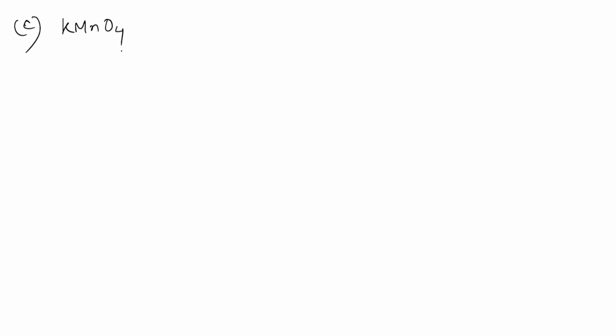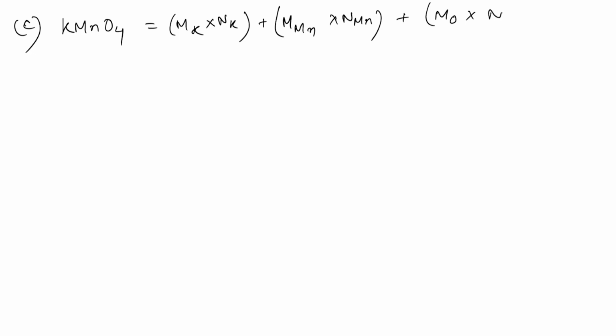Now number 6, potassium permanganate. This is equal to mass of potassium into number of potassium plus mass of manganese into number of manganese plus mass of oxygen into number of oxygen.